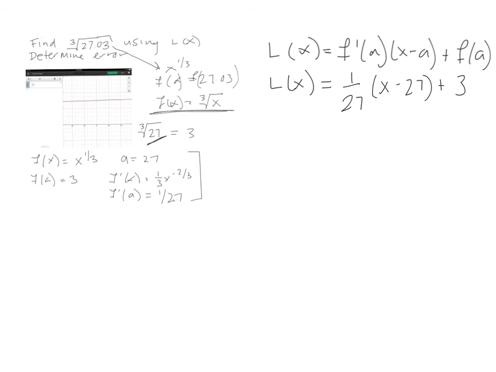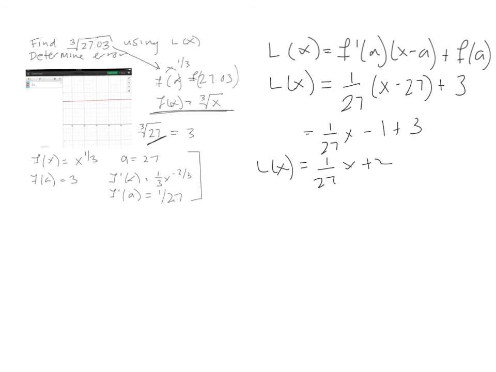So if I boil this all down, I get 1/27x minus 1 plus 3, which is 1/27x plus 2. And that's my linearization. That's my nice, friendly tangent line.